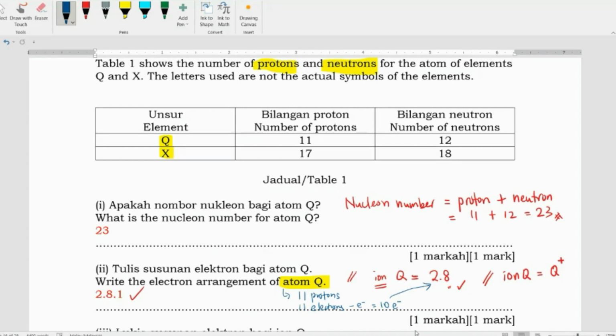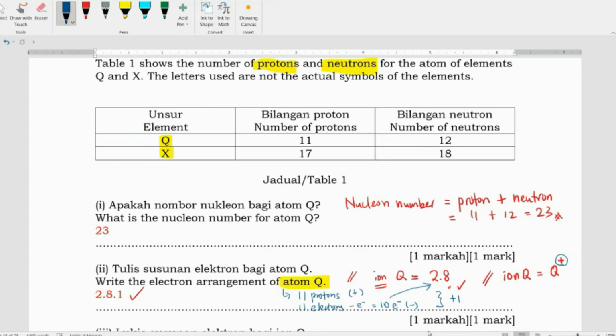The protons still remain the same. Proton is positive, electron is negative, so the total electrons and protons is not balanced anymore. Protons 11, electrons only 10, so protons extra 1, meaning the charge becomes positive 1. That's why the charge for the Q ion is positive. Is that okay, class?